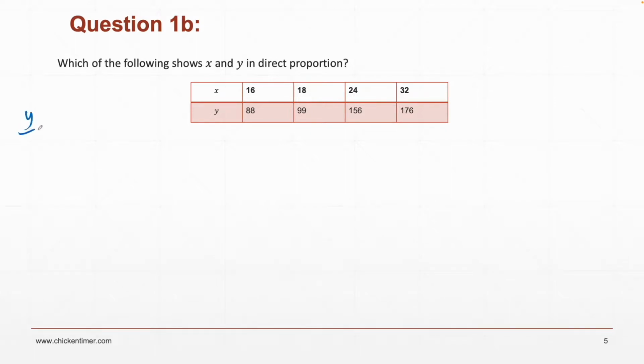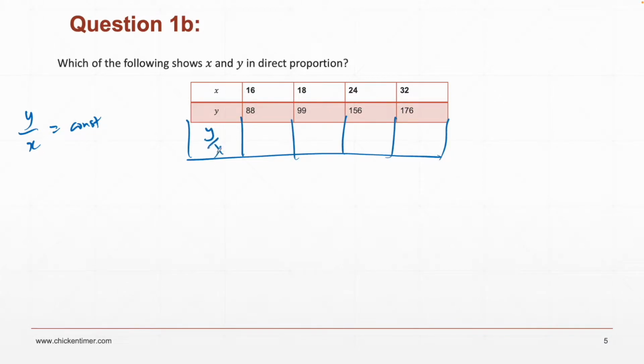Based on the same logic, question B, the method would be the same. If Y over X is a constant, then Y is directly proportional to X. Or if not, then they are not directly proportional to each other. So we start again by creating Y over X. We get 11 over 2 here, 11 over 2, this is 13 over 2, and so on.